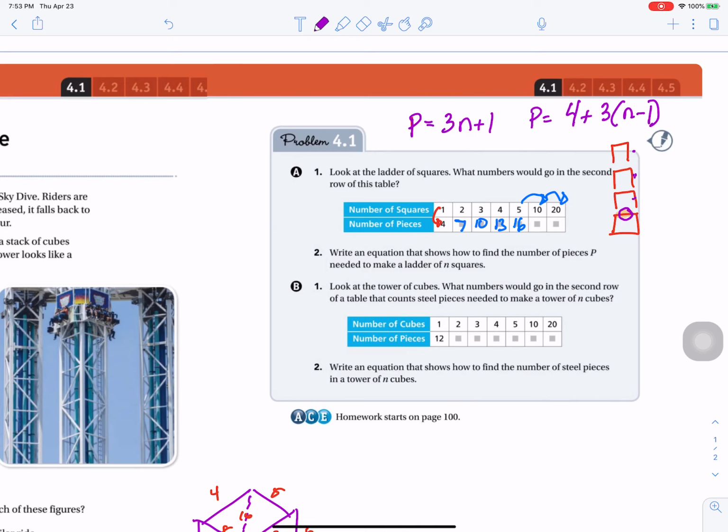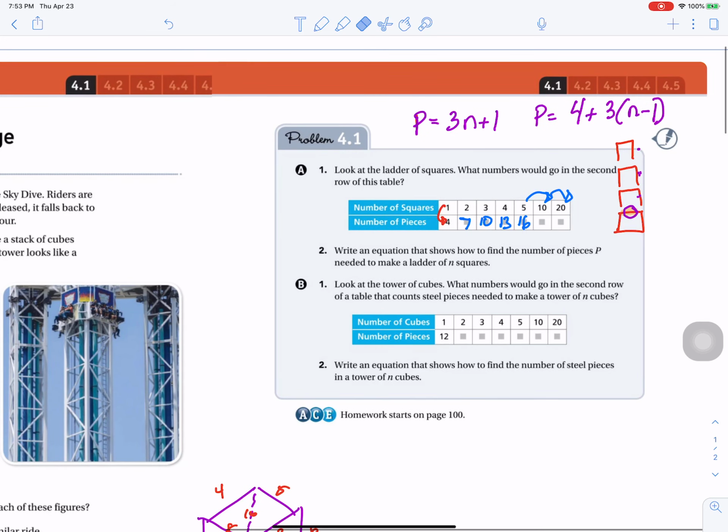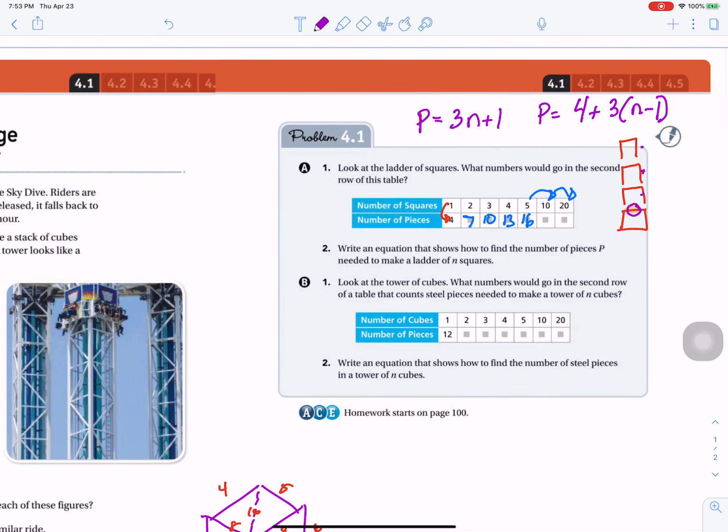Remember, you can always make sure that you have the right equation by putting in a number. So if we were to put in, say, the number 5 right here, we could say 5 minus 1 is 4, 4 times 3 is 12, and 12 plus 4 is 16. And therefore, that is our answer.